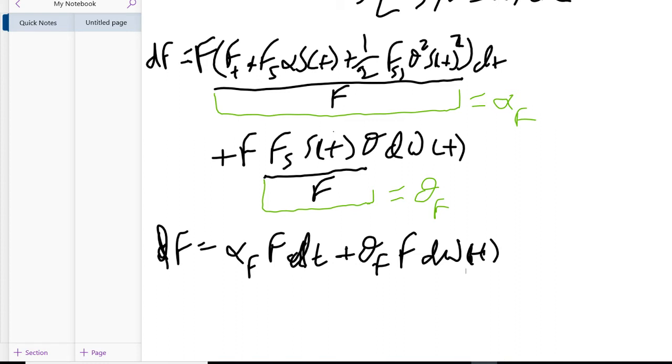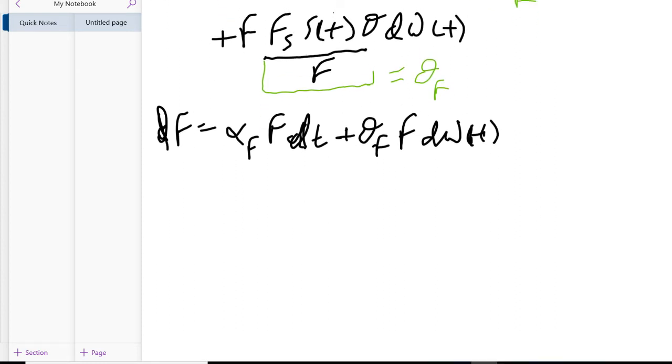Now, we also know that f is equivalent to pi, because f is the pricing function, and pi is the price, so it's obvious.